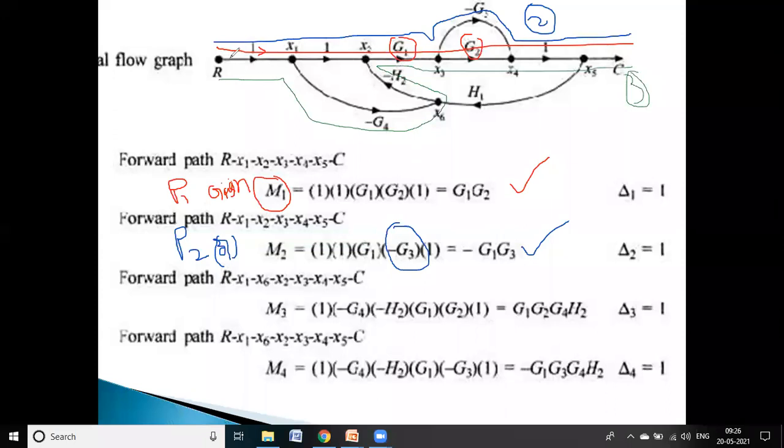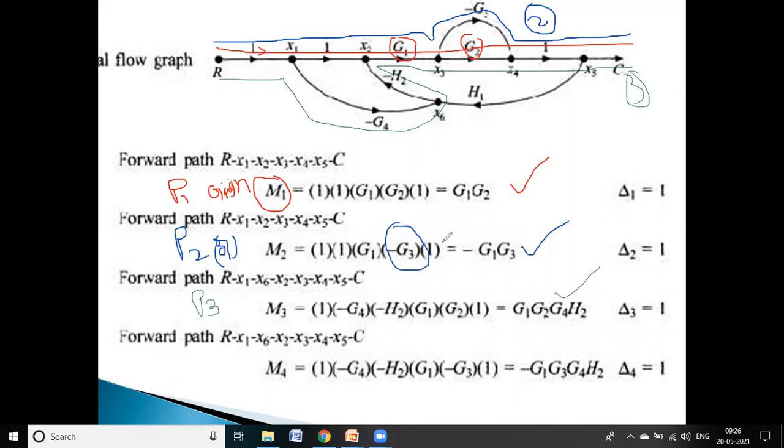The direction of the signal is in this direction. Here at this node the signal can be taken in this direction, and again it follows minus H2 and finally reaches the output. So that can be treated as the third path T3. So G1, first one is minus G4, minus H2, G1, G2 and so on. So finally we get the third one.